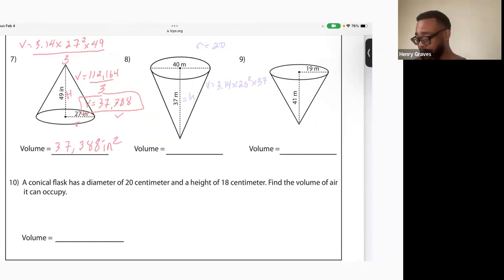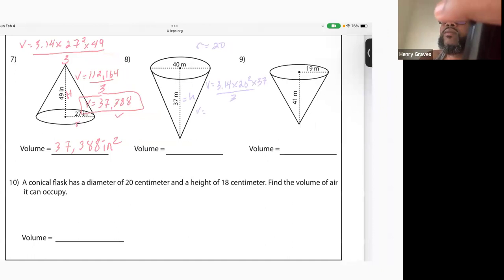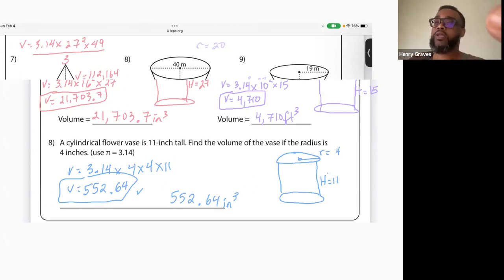Volume is going to be 3.14 times 20 squared times 37, which is 46,472 divided by 3. There we go. So that's the answer for that one.